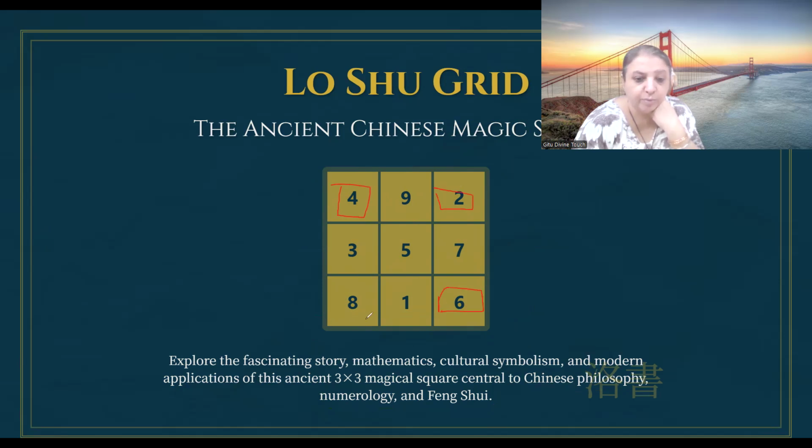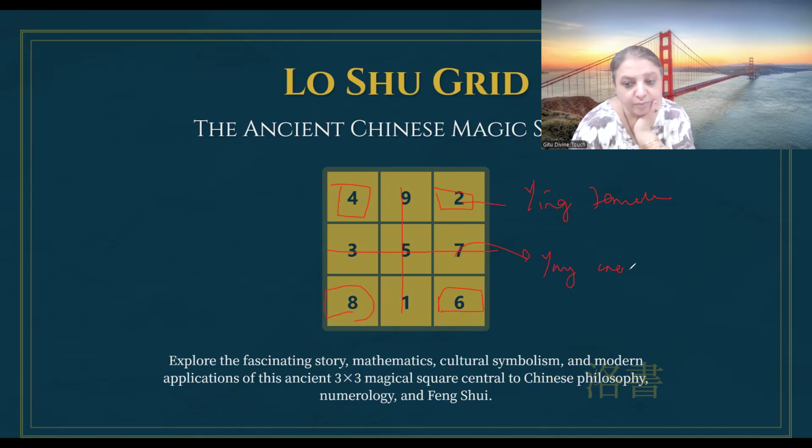Even numbers are called yin numbers in Chinese, female numbers. And these are forming a square. So corner numbers are yin and the cross ones are yang energies. So basically here we are balancing yin and yang energies.